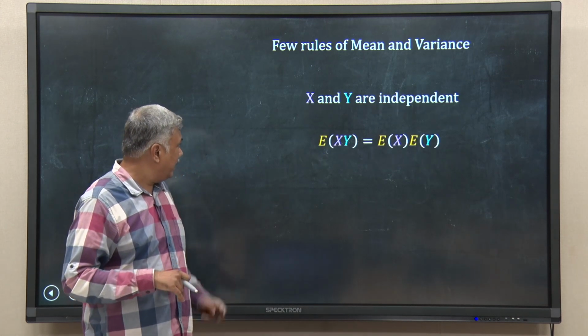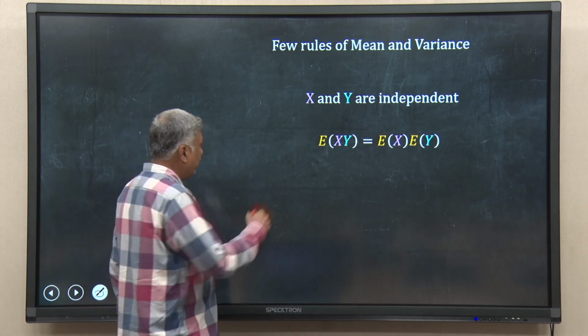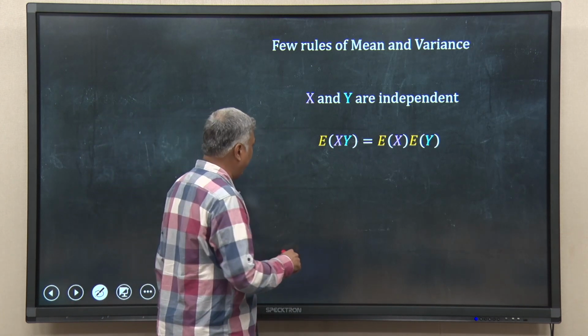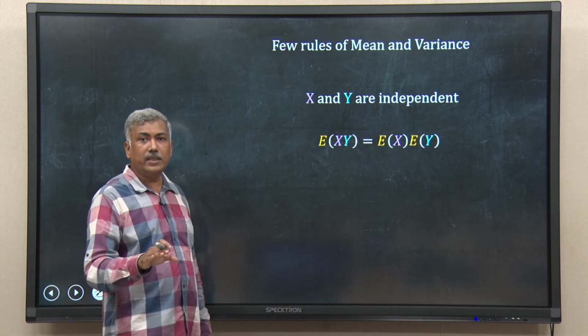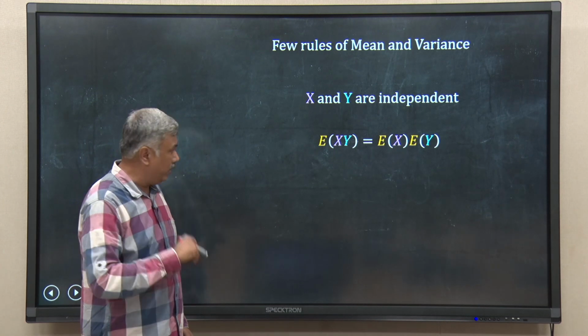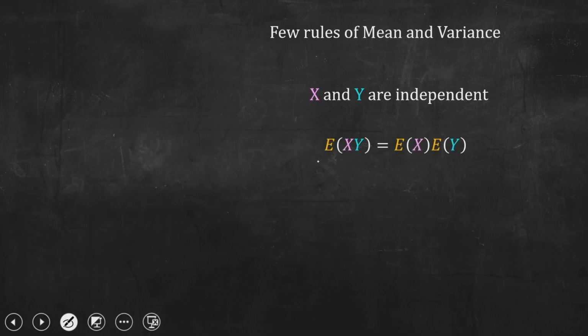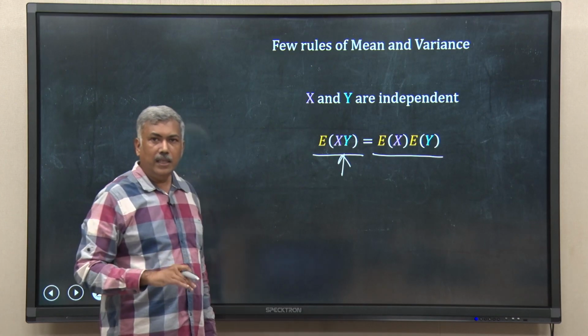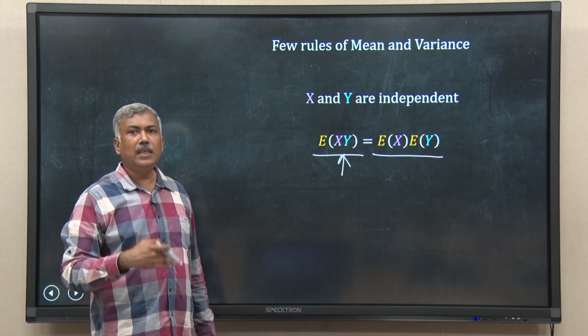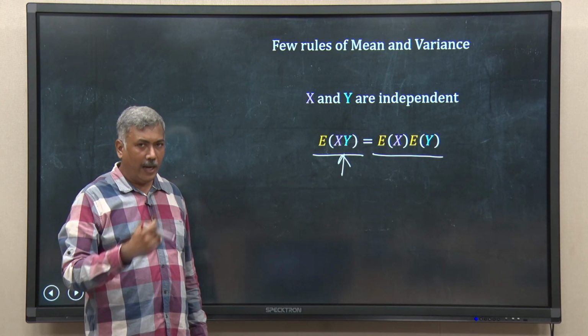So what will happen? For x and y independent random variables, again discrete or continuous, the expectation of their product E of x y will be equal to E of x into E of y. E of x is the mean of x, E of y is the mean of y.